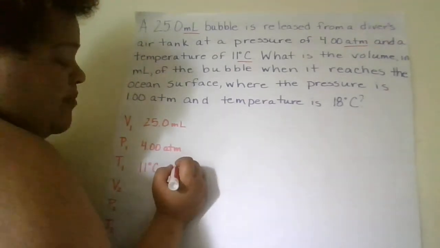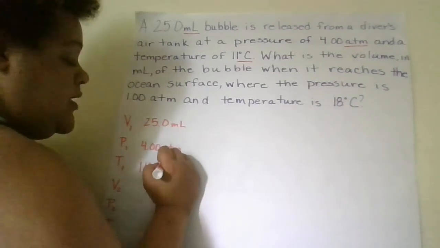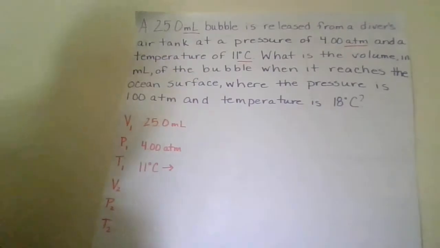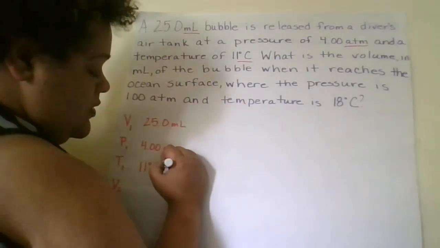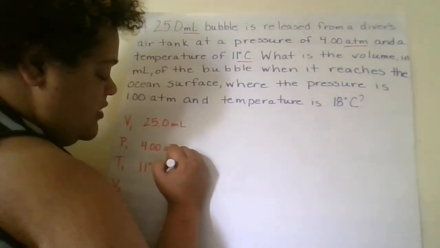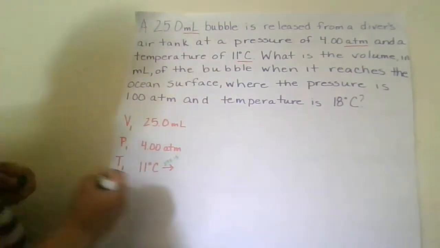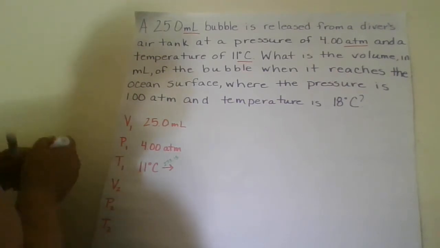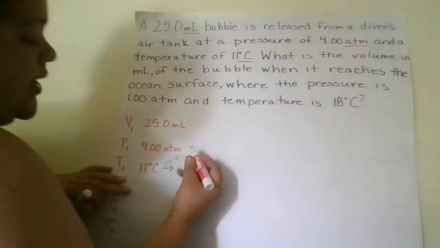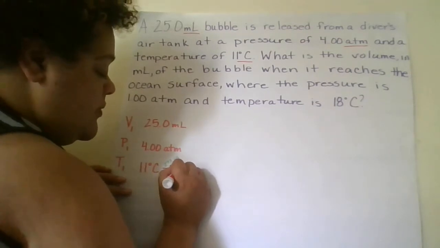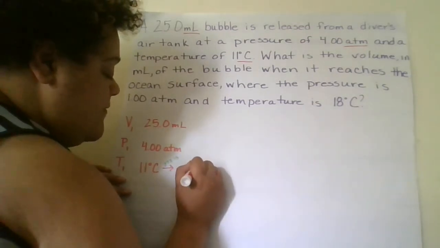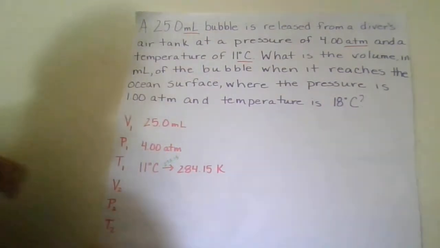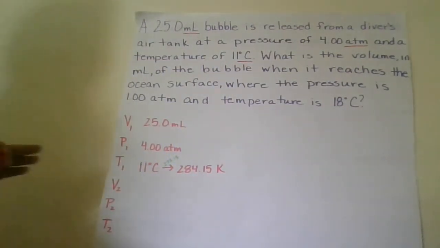We're going to do that by adding 273.15. So that's going to change our temperature from 11 degrees centigrade to 284.15 Kelvin.